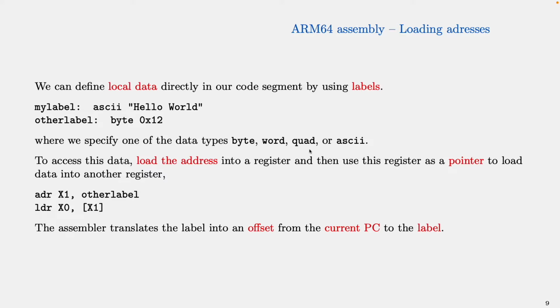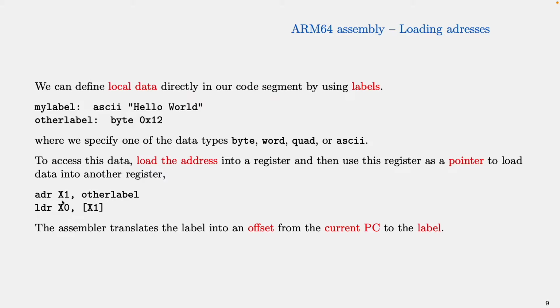Now, if we want to access this data, we have to load the address corresponding to this label into a register, and then can use this register as a pointer to load the data stored at this address into another register. This is how it works. The ADR, address instruction, takes the destination register as first argument and the label as a second argument.